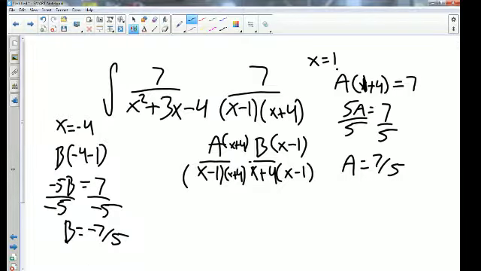A is 7/5 in this case, so you do 7 over 5 times x minus 1.